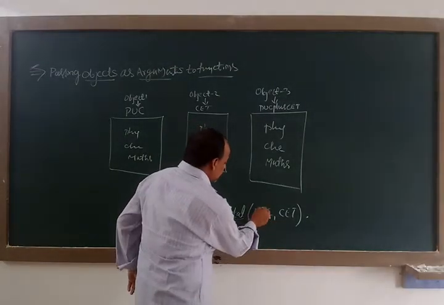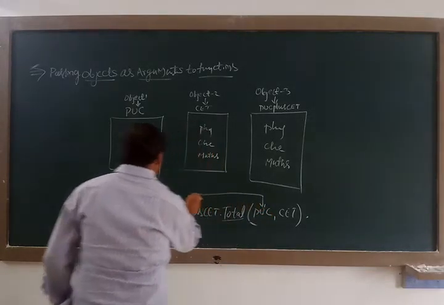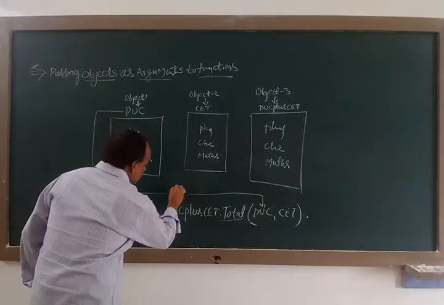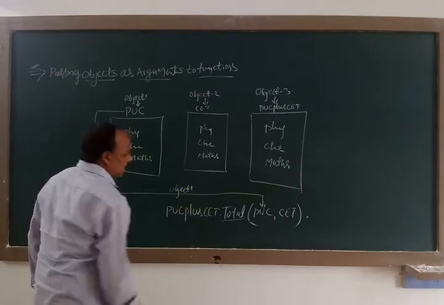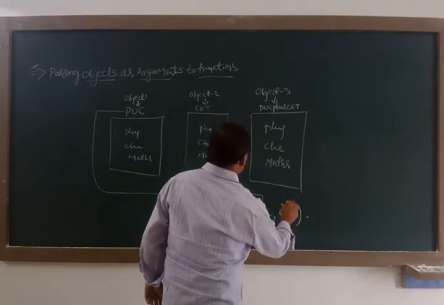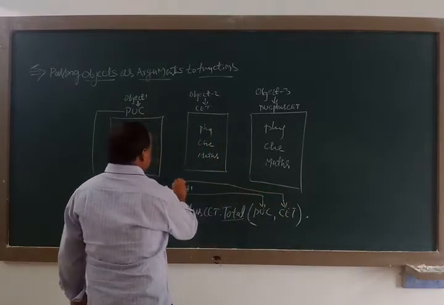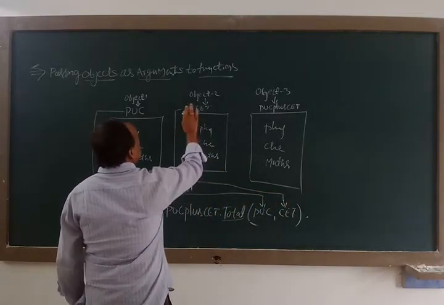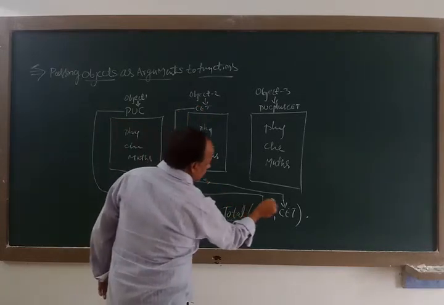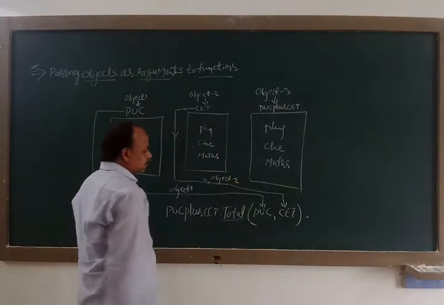This PUC is nothing but object 1, right? This CET is nothing but object 2, right?